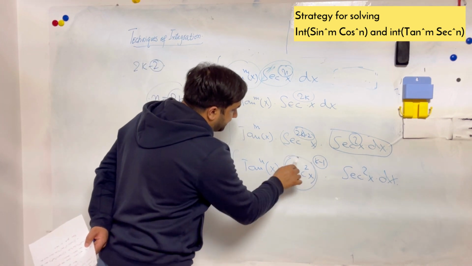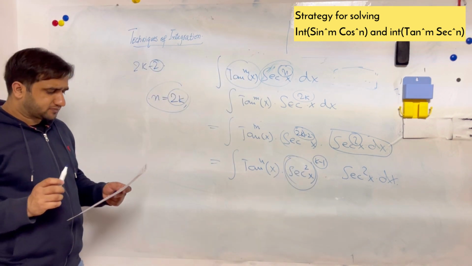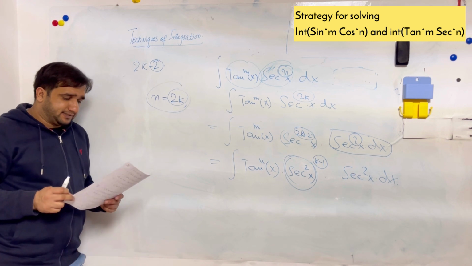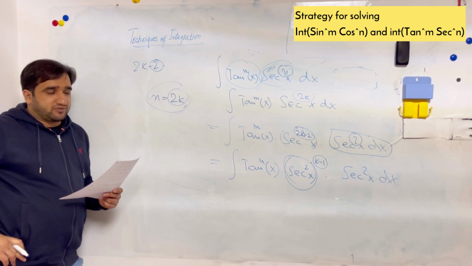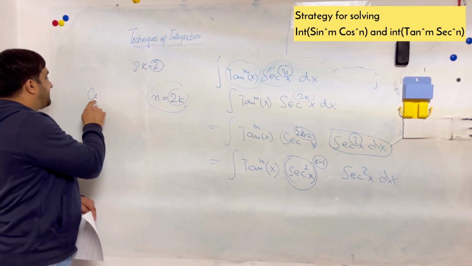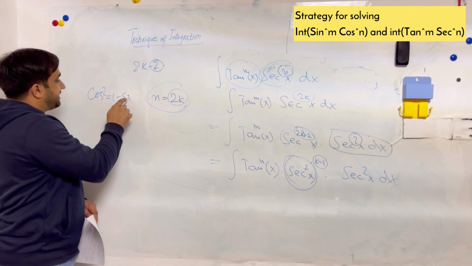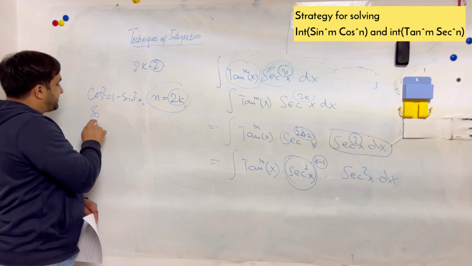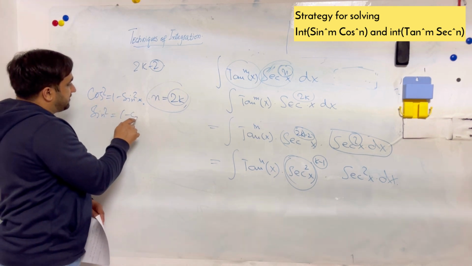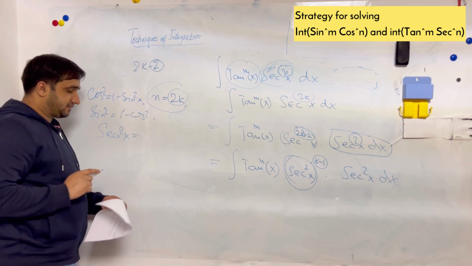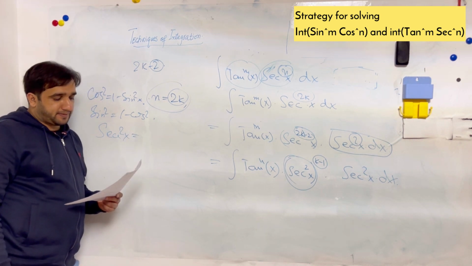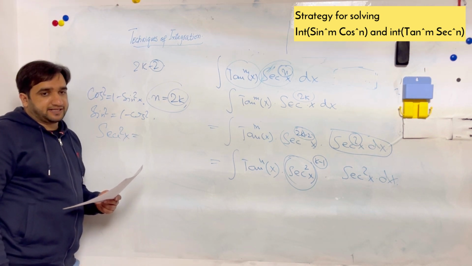Now secant square x, do you know what secant square x is equal to? Just like we said that cos square is equal to 1 minus sine square, and sine square is equal to 1 minus cos square, then secant square is equal to what? Anybody?